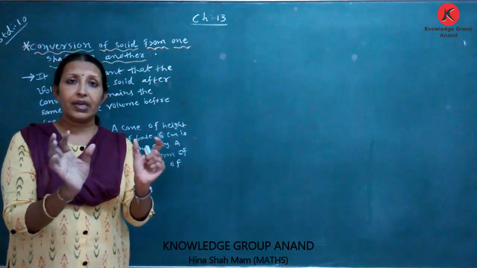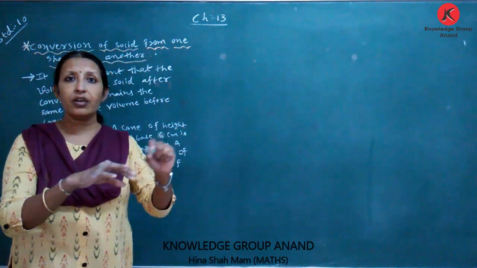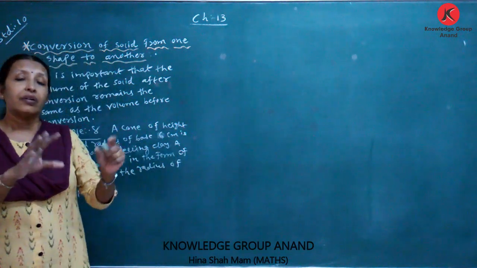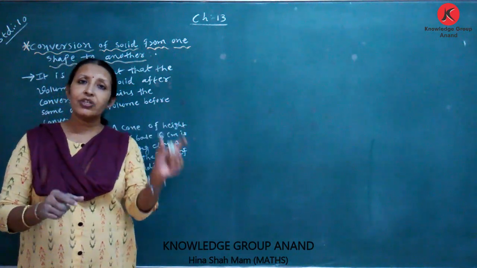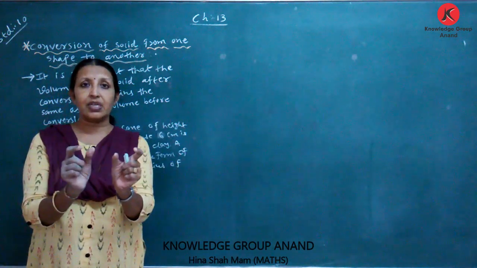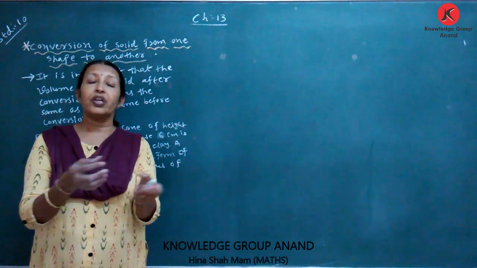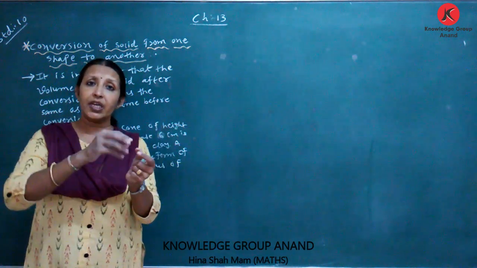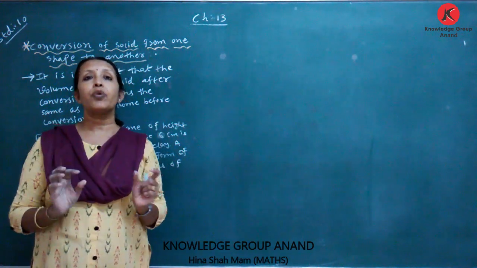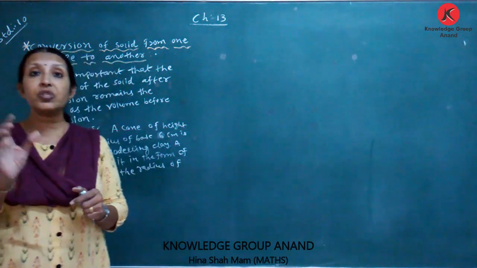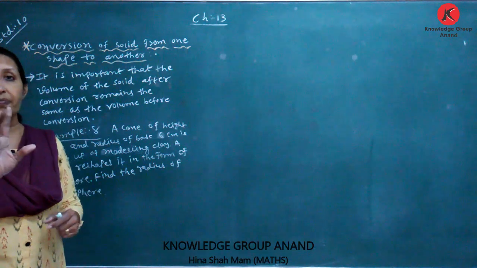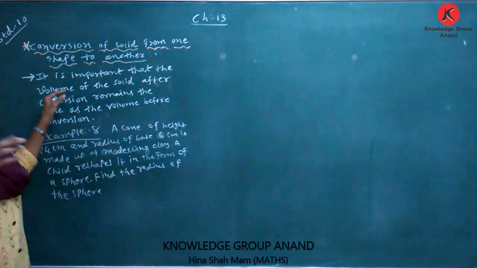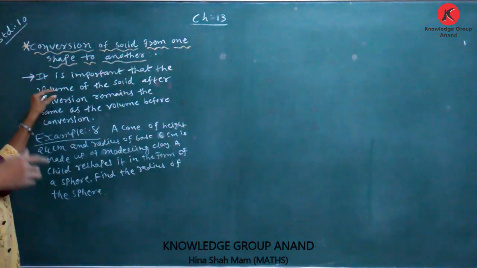Clay is not added or subtracted, so the volume of clay is equal to the volume of the cuboid. Otherwise, if converted into a sphere, both volumes are the same.